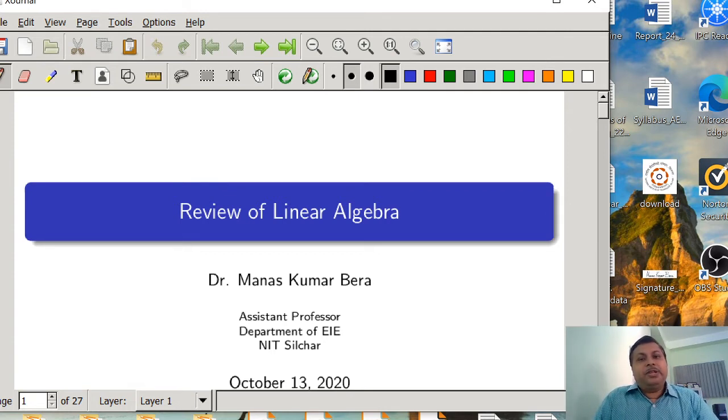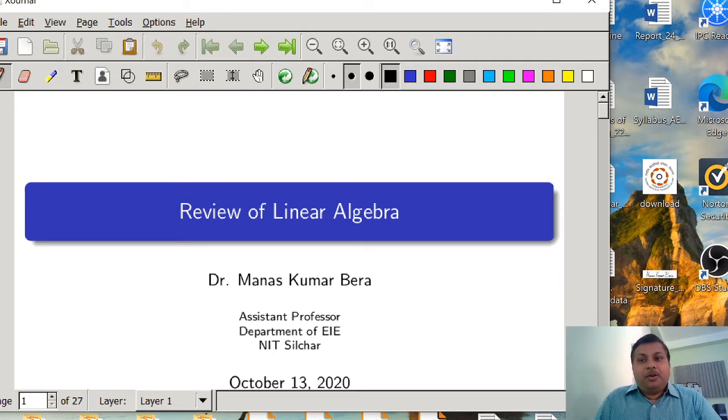Along with that, we are interested to know that if we give an input to the system, then how we are going to find out the output of the system if the system is represented in state space. And also we are interested to know how we can find out the stability of a given system if the system is represented in state space.